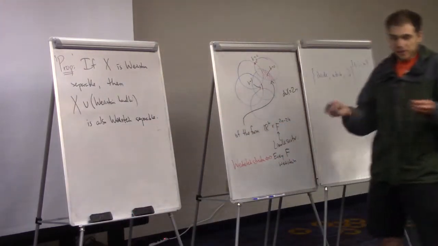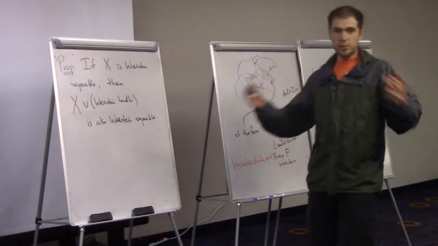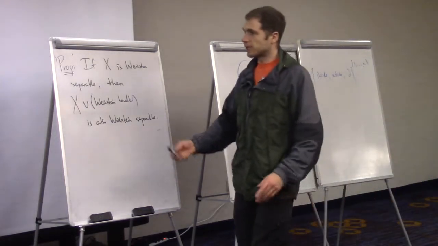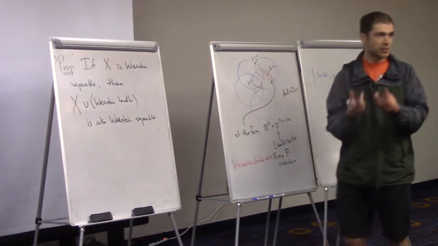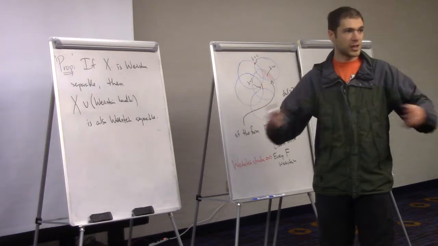So in particular, by induction, any Weinstein manifold is separable. But also, for instance, cotangent bundles are obviously Weinstein separable. You can take arbitrary nice covers of the zero sections.